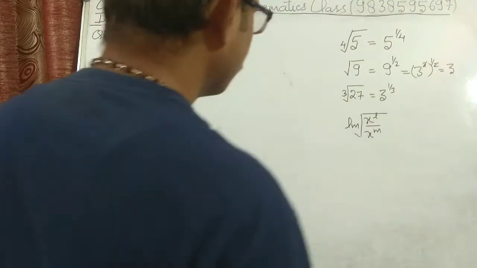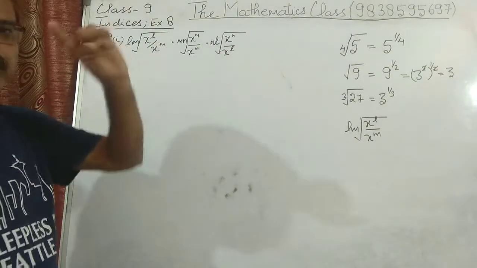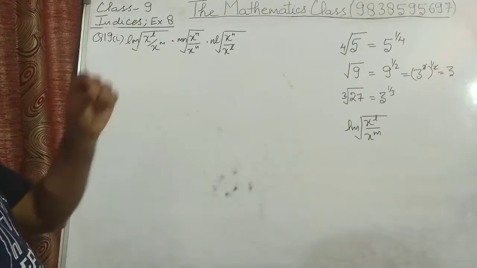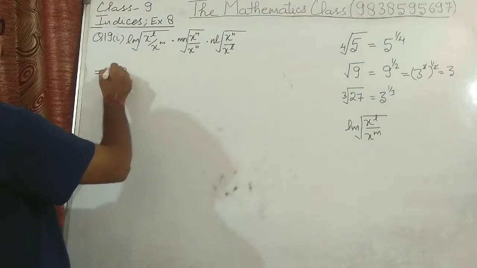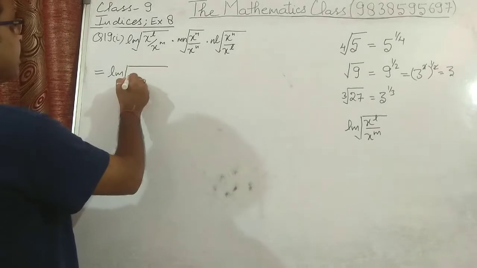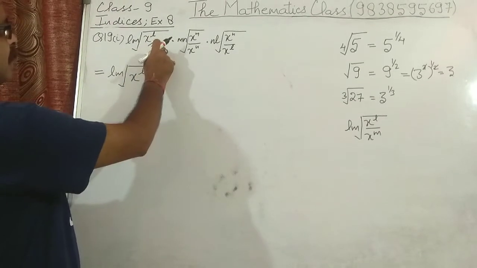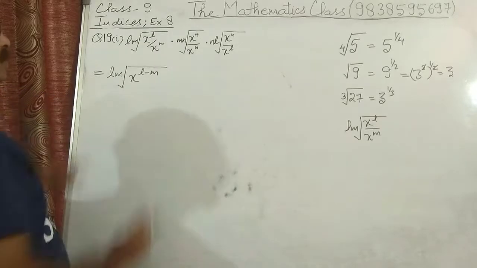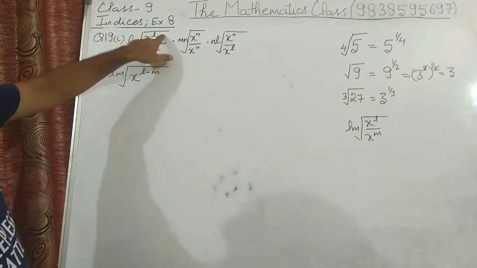First of all, what are we going to do? We will convert the powers that are in denominators to negative and bring them to the numerator. So this can be written as the lth root of x to the power l minus m. My m goes to the numerator. Since here it is positive, when it goes to the numerator it will become negative.